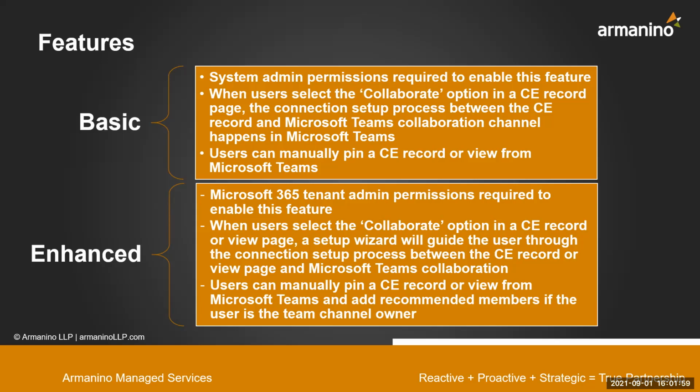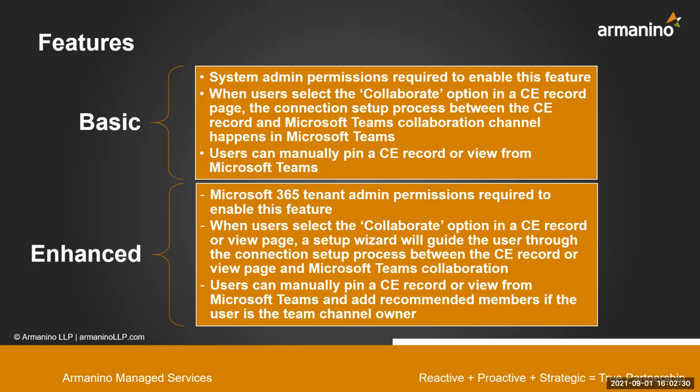When users select that collaborate option within a CE record, the connection setup process between the CE record and Microsoft Teams collaboration channel happens in Microsoft Teams, and users can manually pin a CE record or view from Microsoft Teams. With the enhanced capabilities, that's going to require a Microsoft 365 tenant admin to enable this feature.